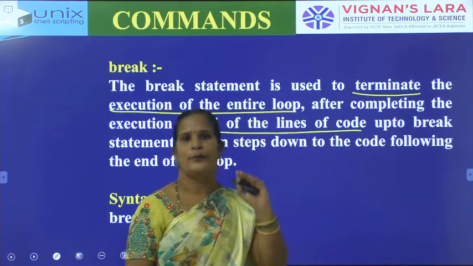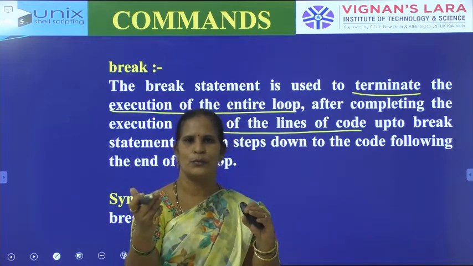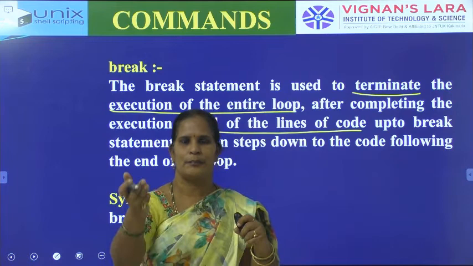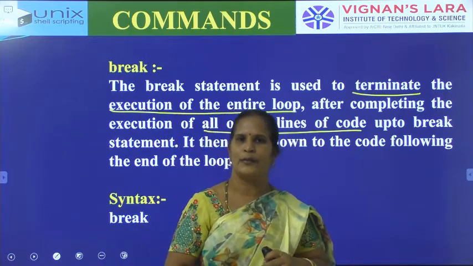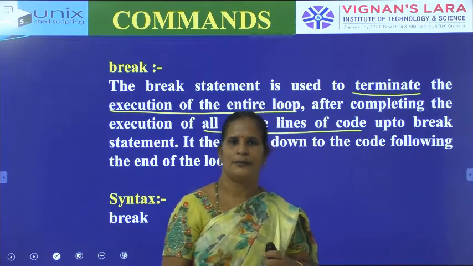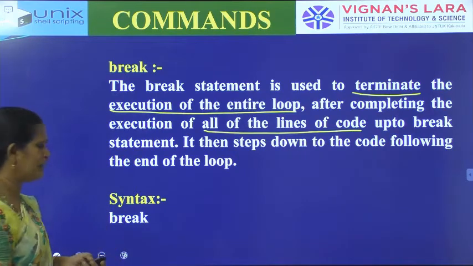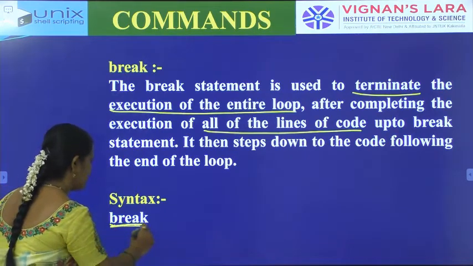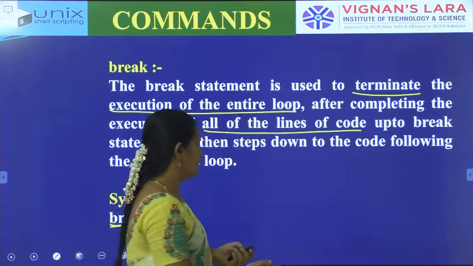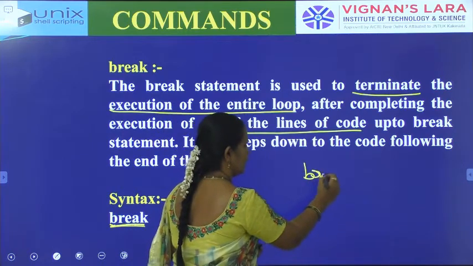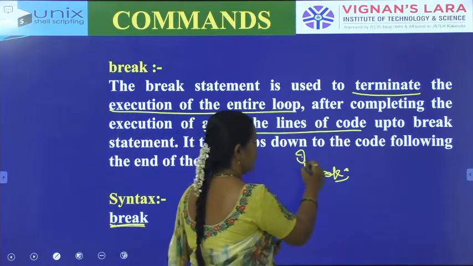In a for loop we are going to specify three types: initialization expression, conditional expression, and increment or decrement.